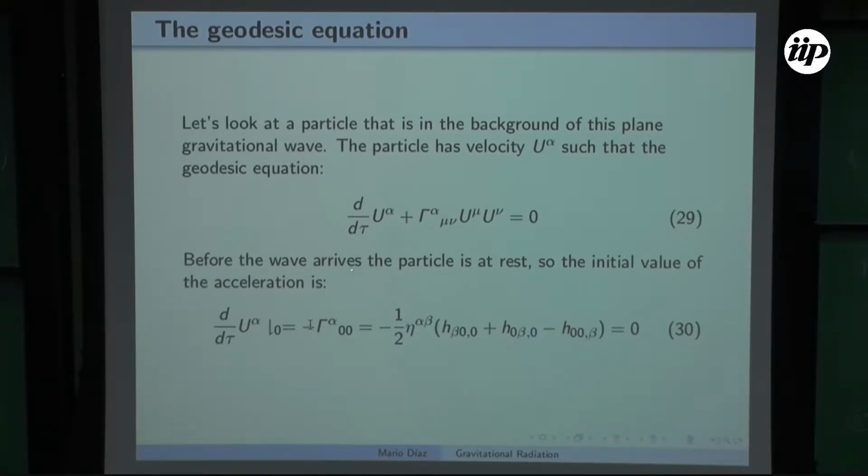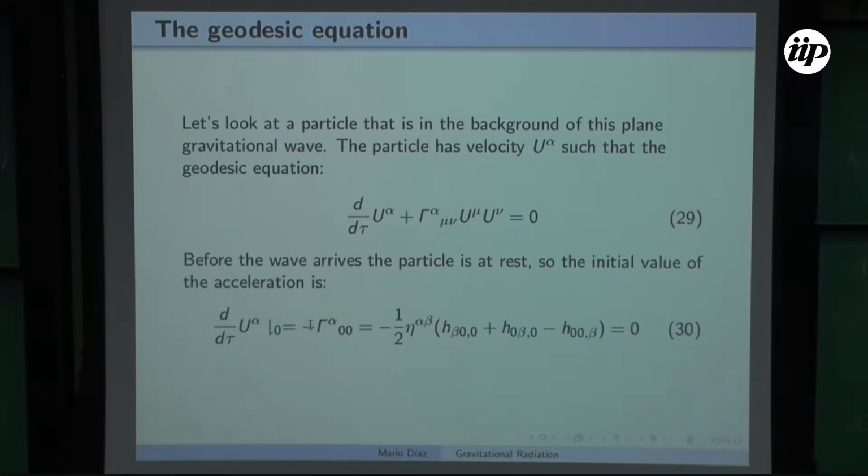And let's say that the particle is at rest before the wave arrives. So after an initial arrival time, we're going to get an acceleration that, in terms of the proper time of the system of reference, is written like this. And these are the terms, and essentially it's going to be 0.